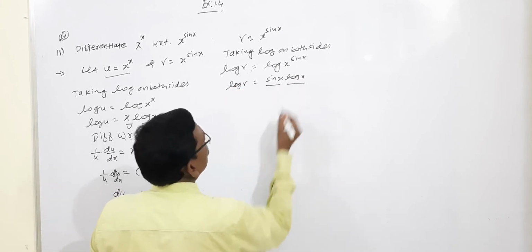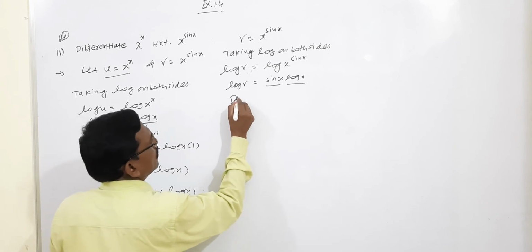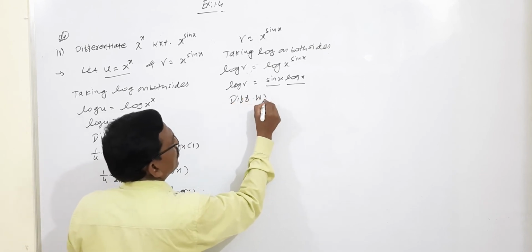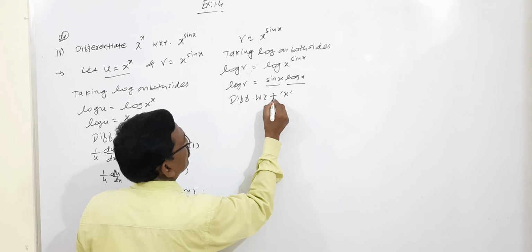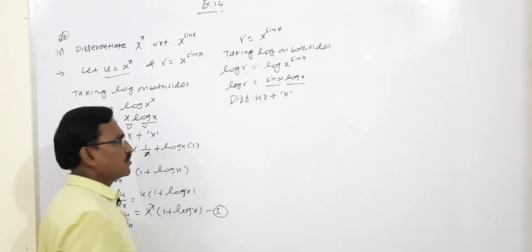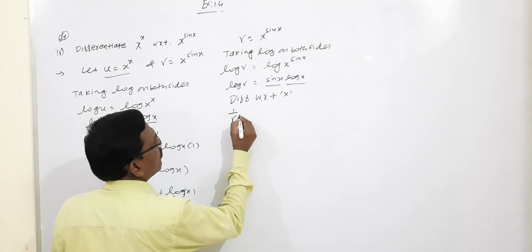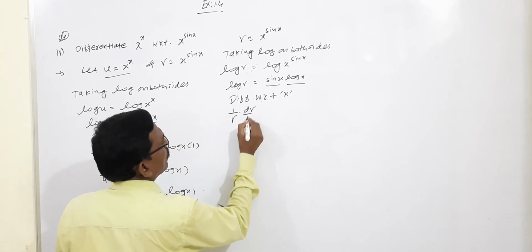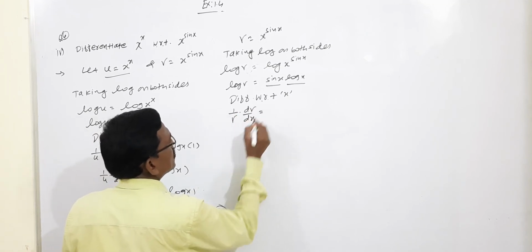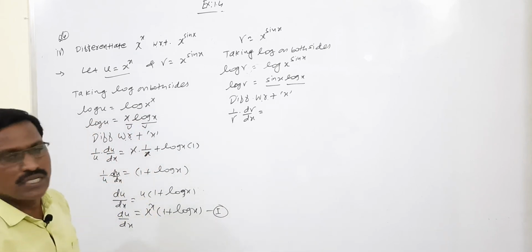Now again we differentiate with respect to x. So the derivative of log v with respect to x is 1 by v into derivative of v with respect to x, which is dv by dx.